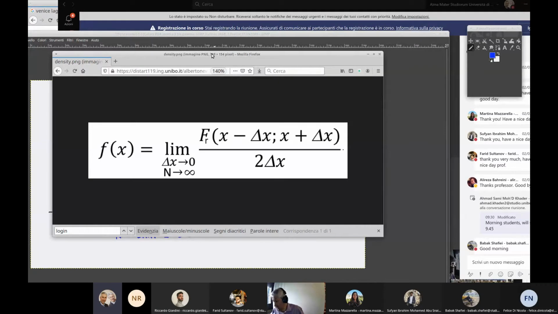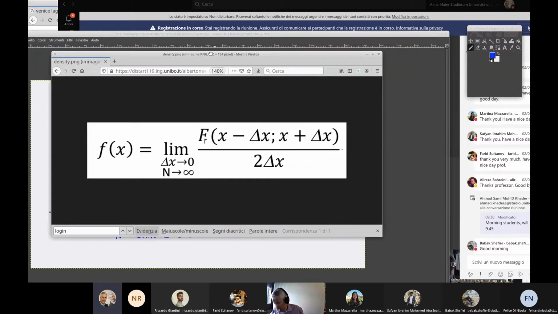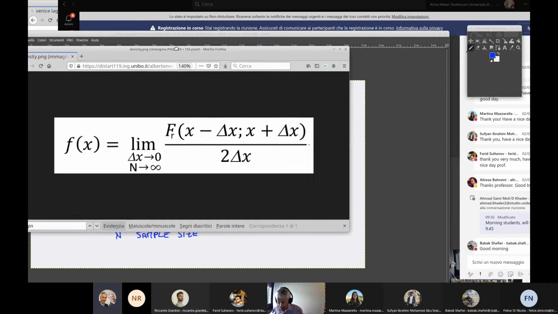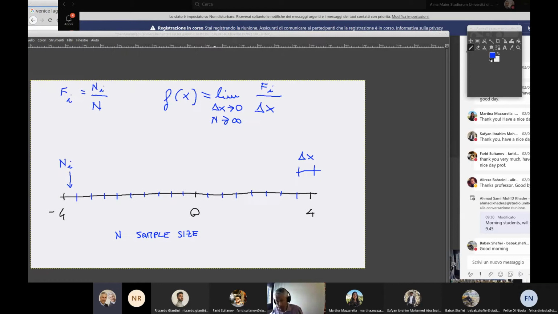Basically, we have to find the limit for delta x tending to 0 and n tending to infinity of the frequency of the observations falling in each interval divided by the amplitude of the interval. So if you go here, it's the same formula. So this is what we have to do.